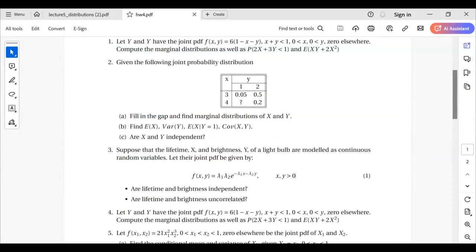So what is the problem here? What don't you understand here? So what is the condition for independence? When you say independent, you can use this. So if the probability of x given y, or maybe I should say PDF, is the same thing as PDF of x, then independence.